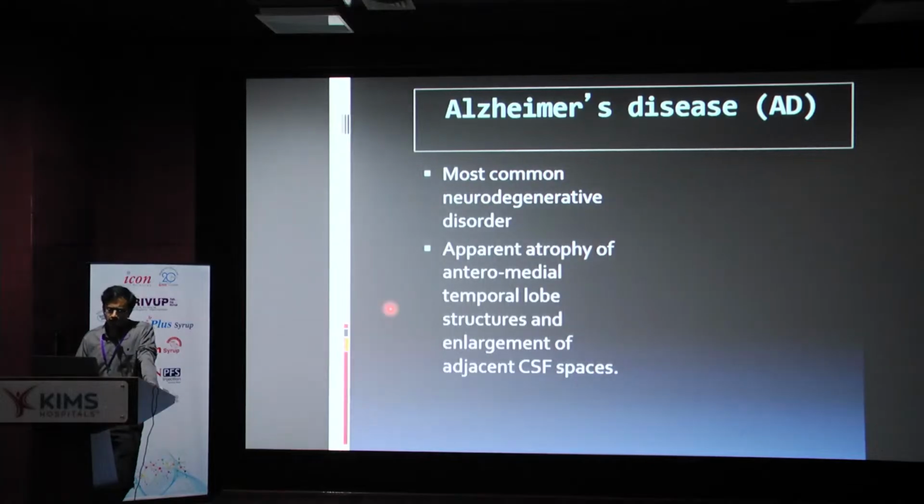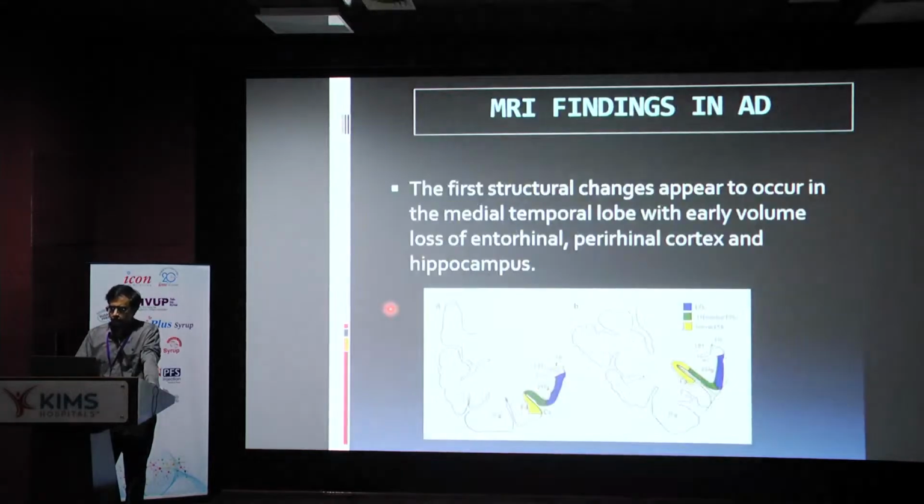we know that there is atrophy in the anteromedial aspect of the temporal lobe. But most of the time we concentrate on the hippocampus per se, rather than looking at the other two structures and what is happening to their atrophy. The early changes are there in the entorhinal and perirhinal cortex, and this is the anterior extension of the collateral sulcus, which is the rhinal sulcus.